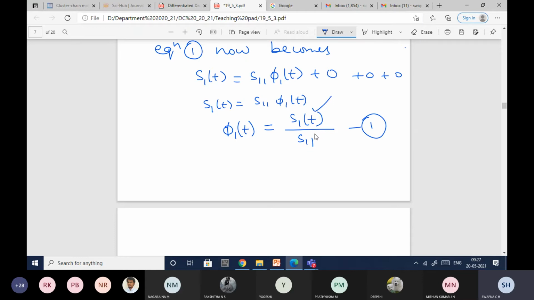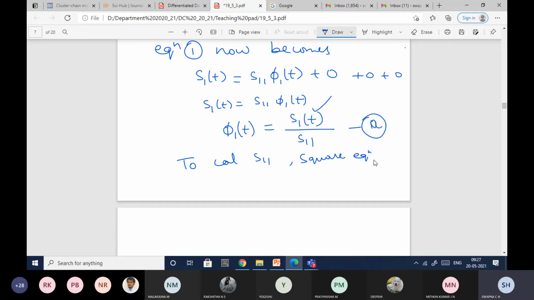I'll know S1 of t, but I don't know what S11 is, so I need to calculate S11 as well. In order to calculate S11, what we'll do is square your equation 1. I'll write it as a, because I'll get confused between that one and this one.